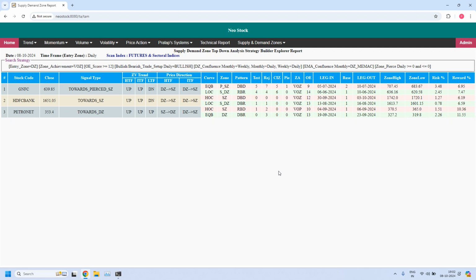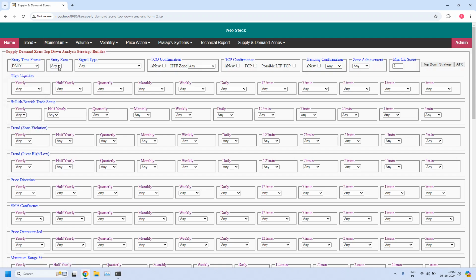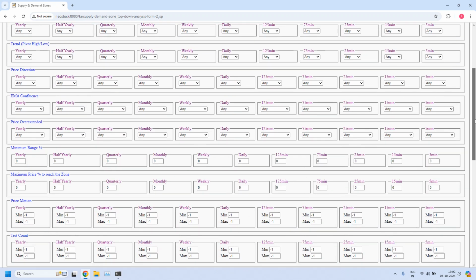Okay, now let's look for bearish trade setup for monthly income trade. So entry time frame is daily. Entry zone should be supply zone. In bullish or bearish trade setup daily, I am selecting bearish. These daily supply zones should not be pierced.